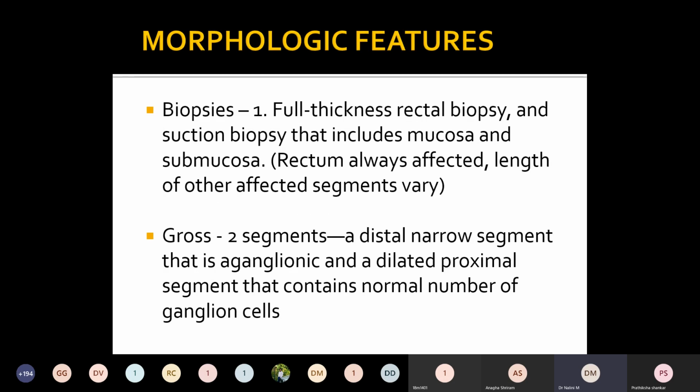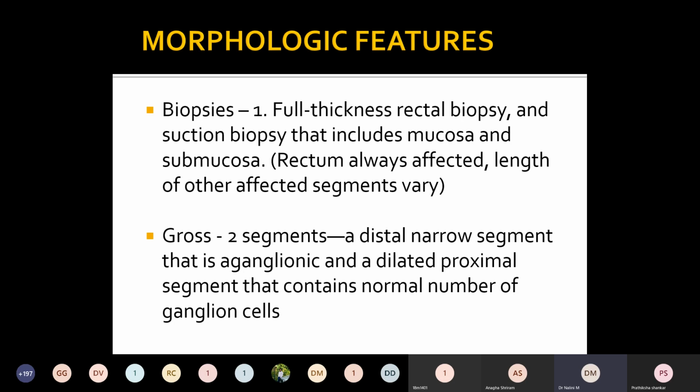Okay, so how do we diagnose? One very important thing is, in almost all the cases, the rectum is always affected. The other segments of the colon may be affected in various lengths or in various other ways. We'll come to the classification later. Usually we take a full thickness rectal biopsy, which includes the mucosa and the submucosa, at least on a suction biopsy.